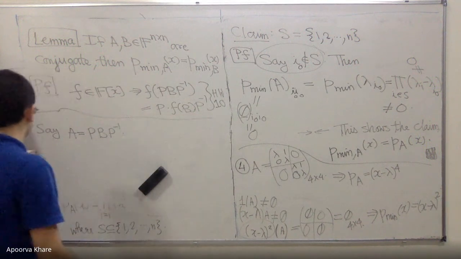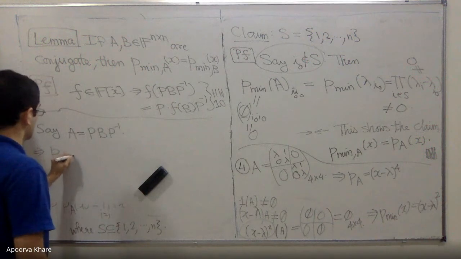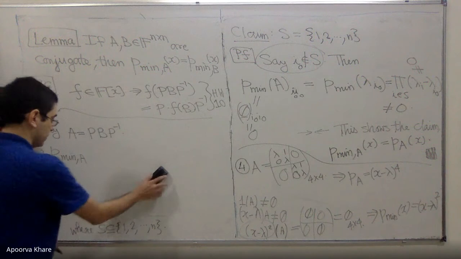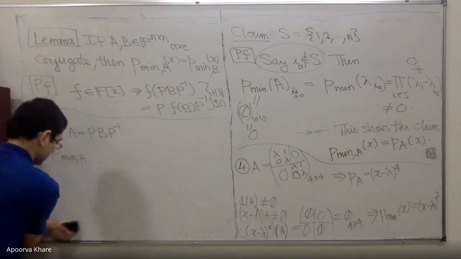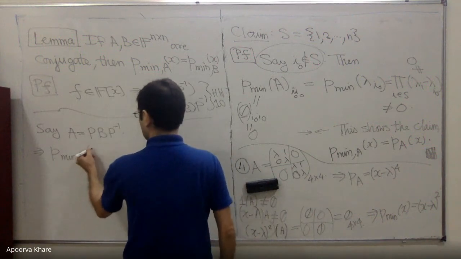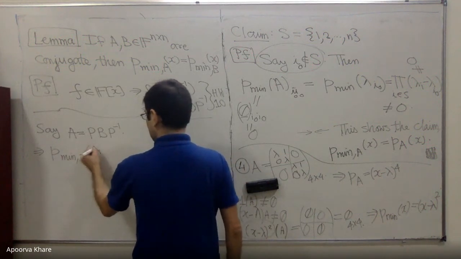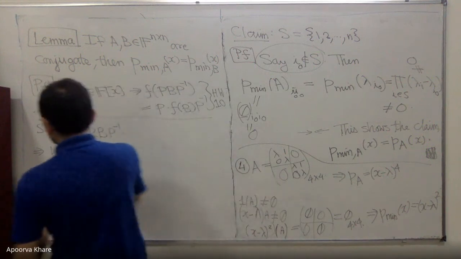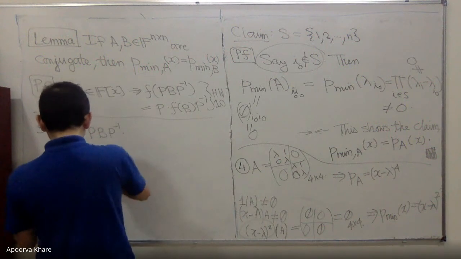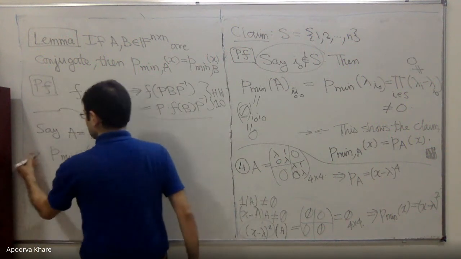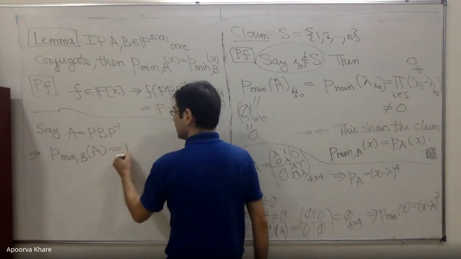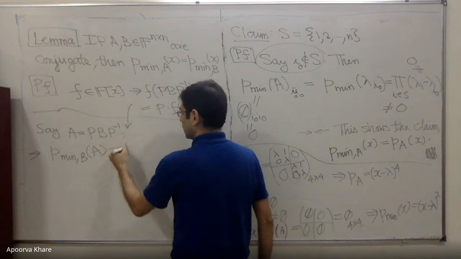Let's compute P min of B of A. Of course, I know P min of A of A is 0, but let's just do P min of B. So what is this?